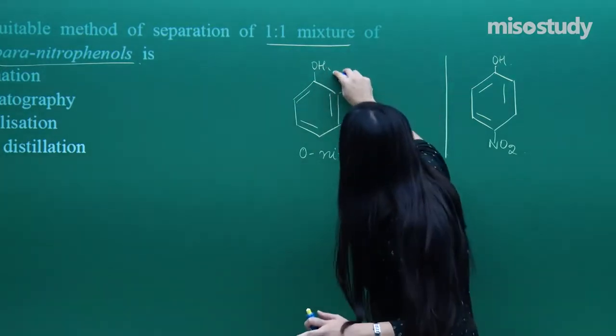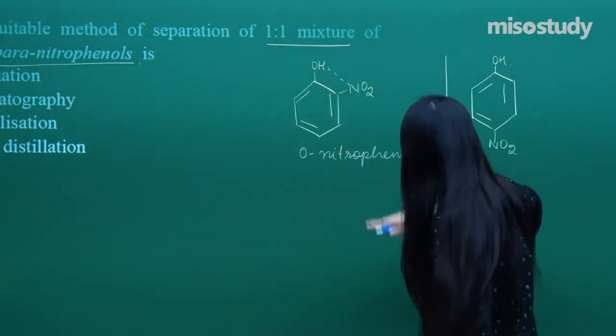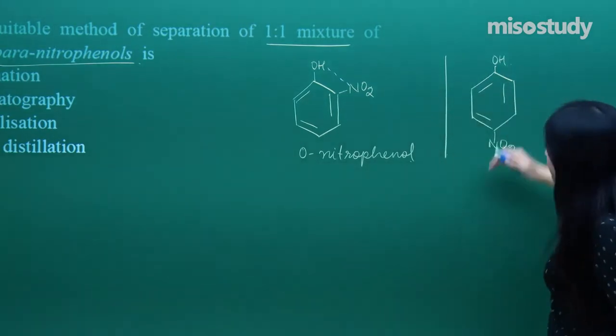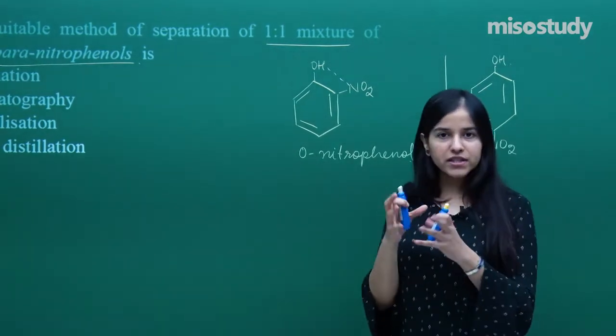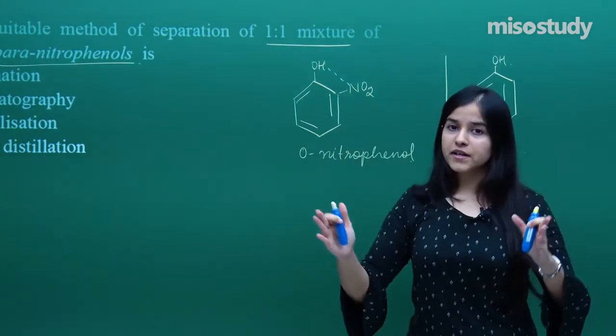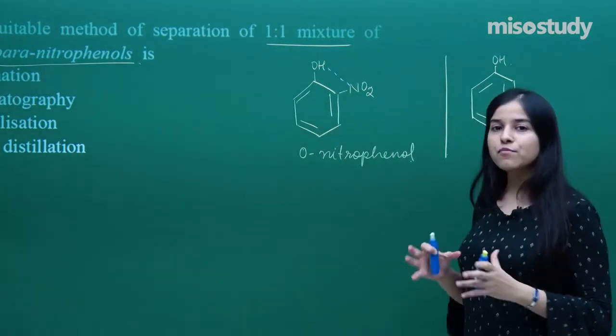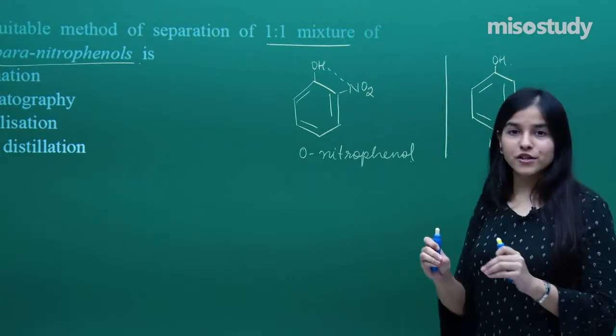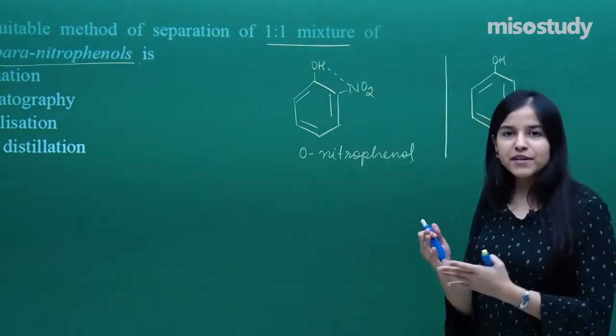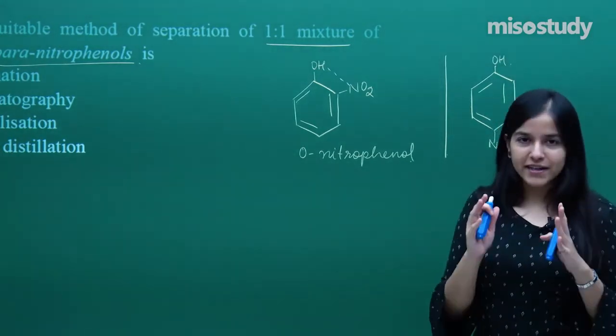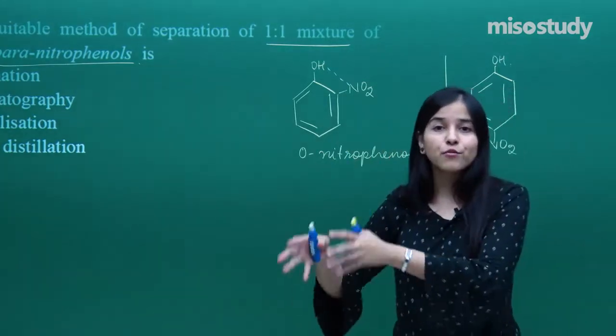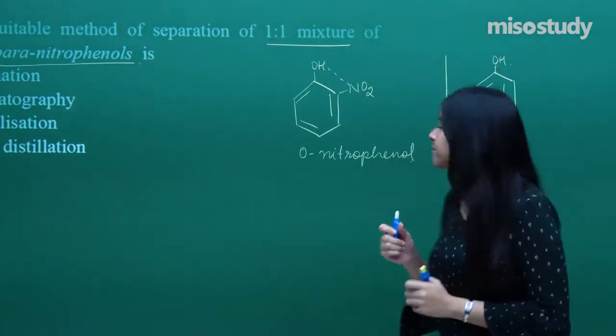That is how the hydrogen bonding will take place. Can you see any interaction over here? Because here the OH and NO2 groups are far away, there cannot be any intramolecular H bonding. What will happen is there will be intermolecular H bonding, that means between different molecules of para nitrophenol, right?